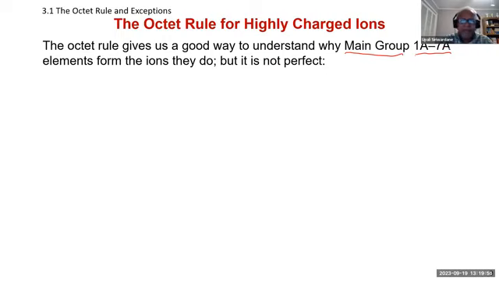But when it applies to highly charged ions, a highly charged ion is a metal with 4 plus, or non-metals with -4. So for highly charged ions, it doesn't apply.